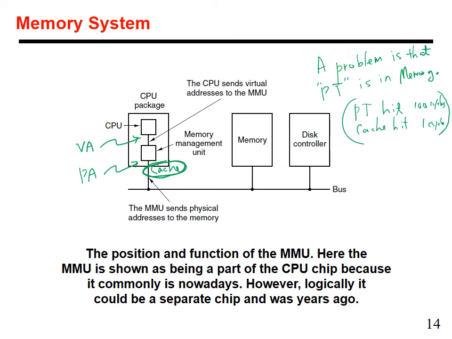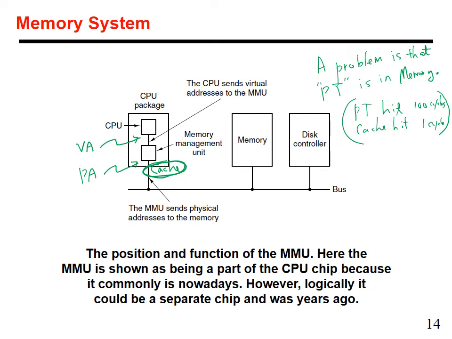Just to give you a more physical sense of what is going on: the CPU on the left-hand side is connected to the memory and disk controller using the bus. The CPU, in fact, is producing the virtual address. If you think about the load word instruction and store word instruction, they are producing the virtual address instead of the physical memory address.